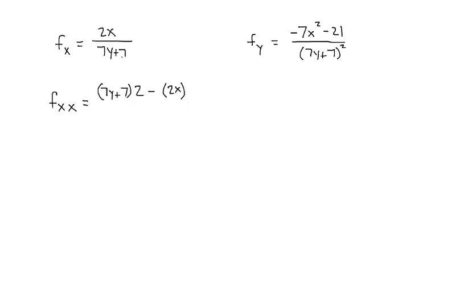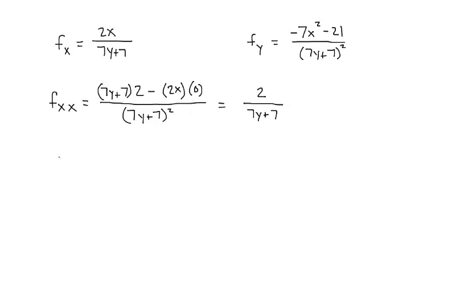And 7y plus 7 is all treated like a constant, so it's 0, all divided by 7y plus 7 squared. And in this case, in our numerator on the right side, it goes to 0, and we have 7y plus 7 in the numerator and the denominator. So I can simplify this and say that this is equal to 2 divided by 7y plus 7.